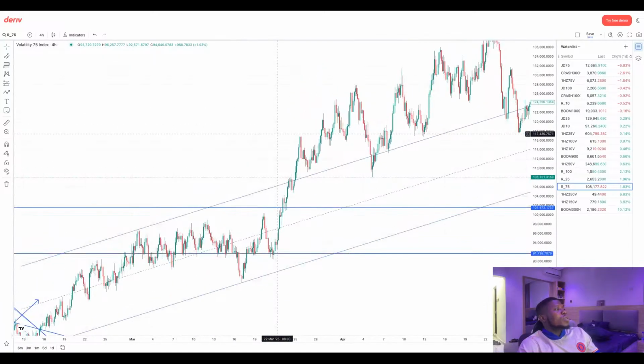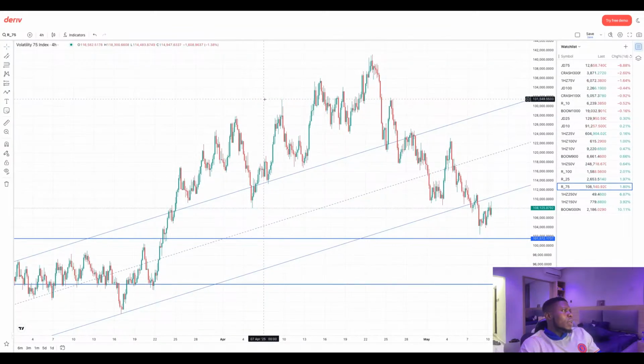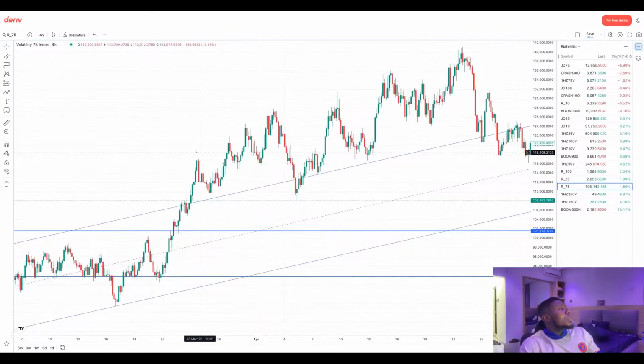I need to know what is forming at this place, or it's forming at this place. Okay. So what formed at this place? Let's see what formed here.